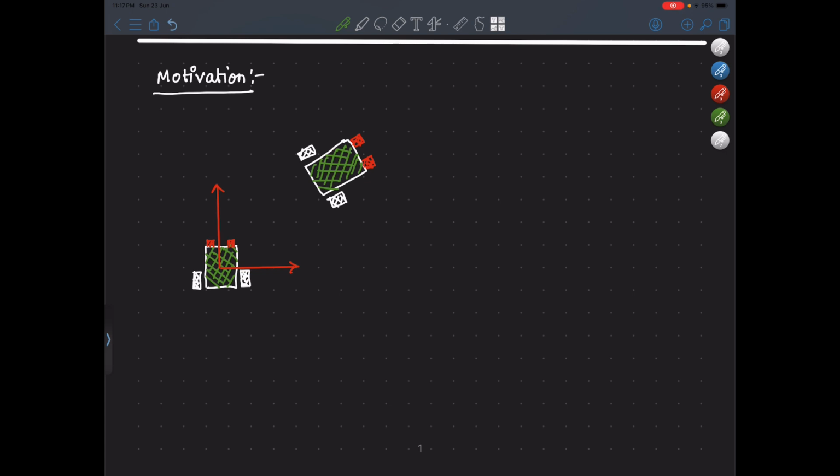So for example, let's say we have some sensor, and let's represent it with this red dot, and we are interested in the position of this sensor with respect to the ground frame. Or let's say it is moving in a room, and these are the walls, and we are interested in the position of the sensor with respect to this corner.